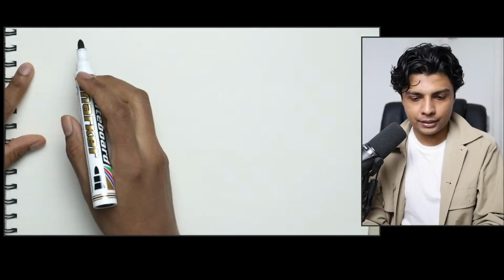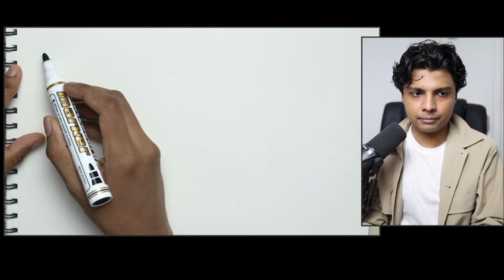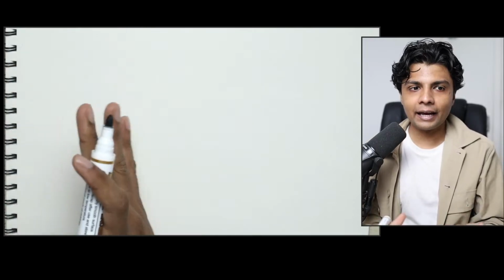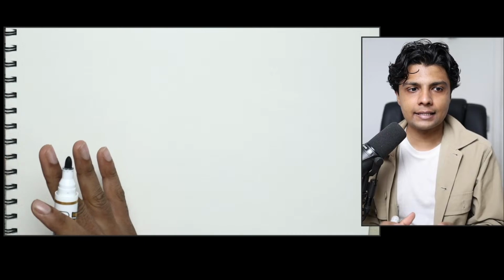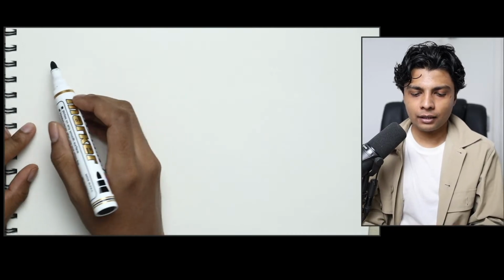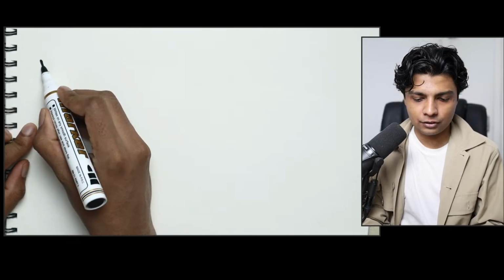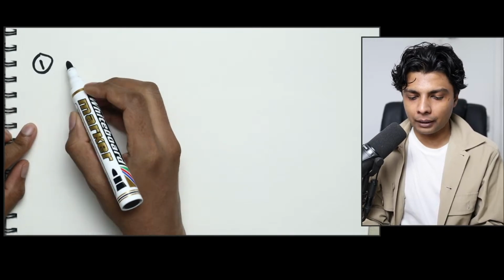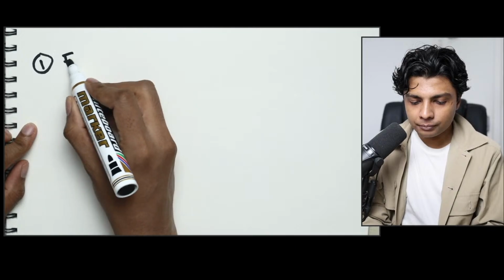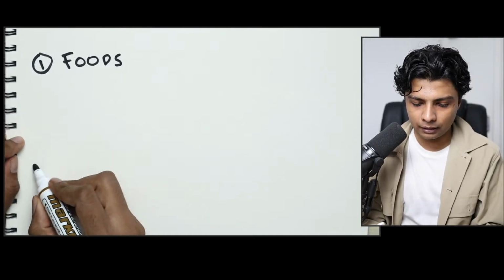We are going to divide this section on the tools and techniques that are important for improving memory and learning into 4 sections. In the first section, I'm going to talk about foods. What are the foods that you can eat to enhance your learning and memory?